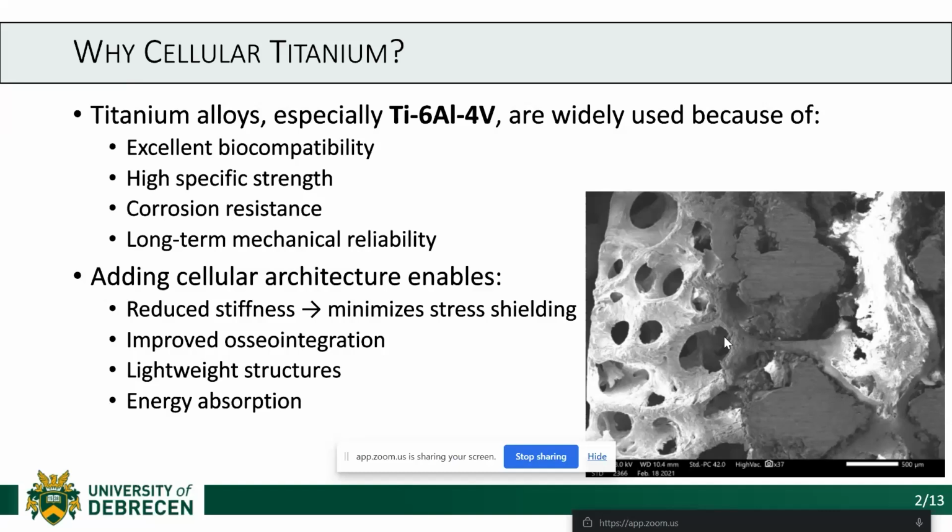That means that the bone is able to grow inside the structure of the metal, the structure of the implant. So a really high strength, really strong connection will be formed in this way.